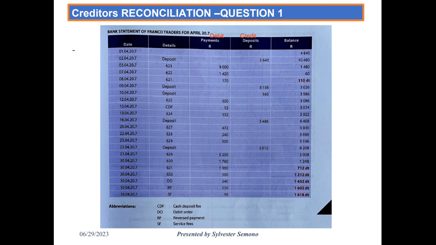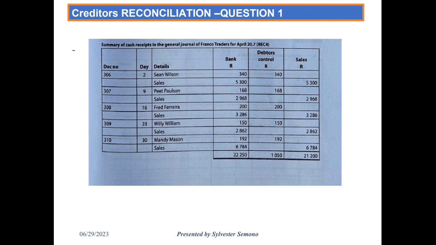Did you tick that? No, it's the debit order. Okay, we've got 240. Are we looking at the right channel? So this is the cash receipts, right?